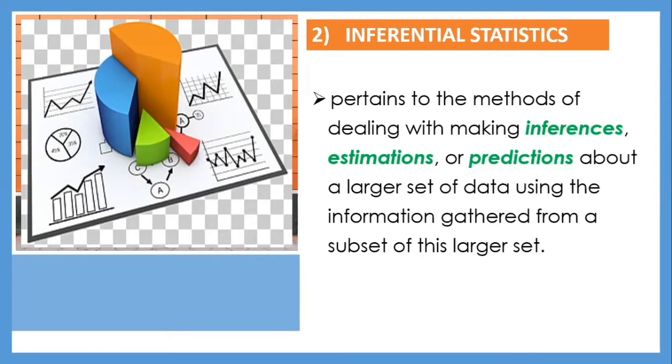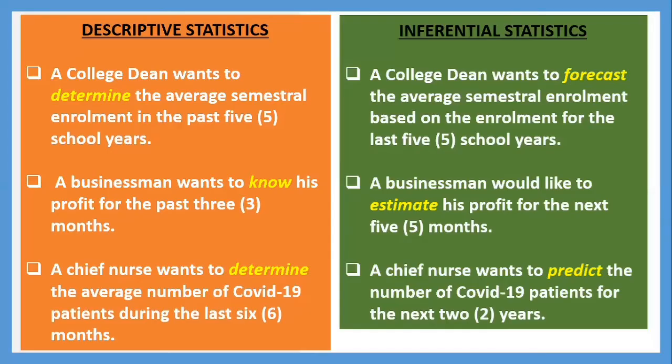Now, in order for us to better understand the differences between descriptive and inferential statistics, let's have examples. In descriptive statistics, our first example would be a college dean wants to determine the average semestral enrollment in the past 5 school years.